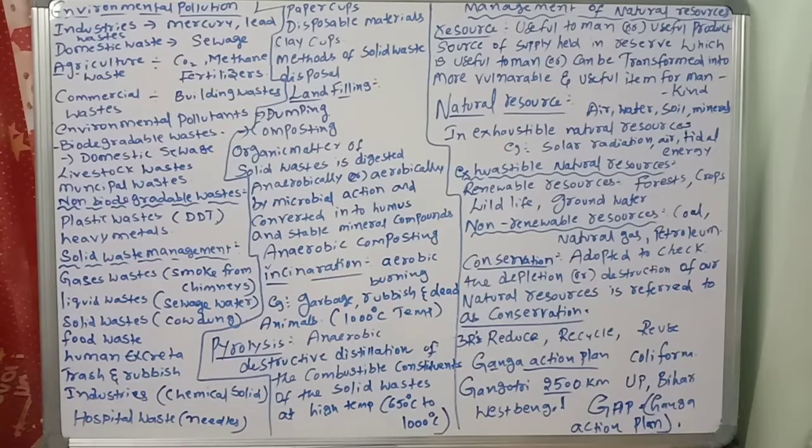Environmental pollution is defined as an undesirable change in the physical, chemical, or biological characteristics of air, water, and soil which cause harm to living organisms.